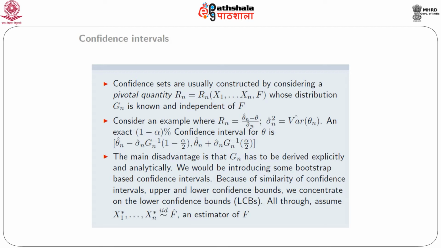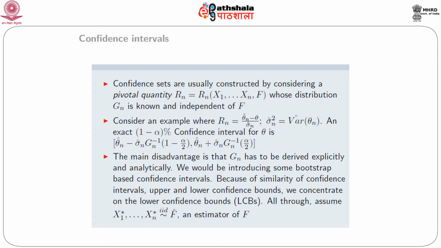Now, the main disadvantage here is that Gn or any of its limit needs to be derived analytically and explicitly, whereas for bootstrap confidence sets this can be derived computationally.